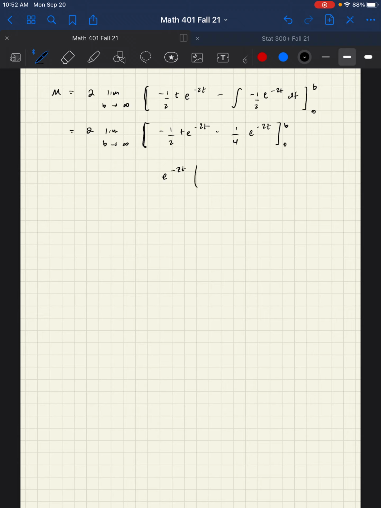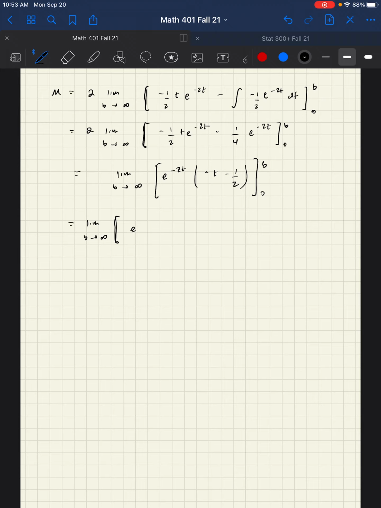I'm going to clean that up even further by writing what's inside as e to the negative 2t times negative t minus 1/2. I'm pulling out a 1/2 now, and that'll cancel with the 2 in front. So limit as b goes to infinity of this expression now from 0 to b.